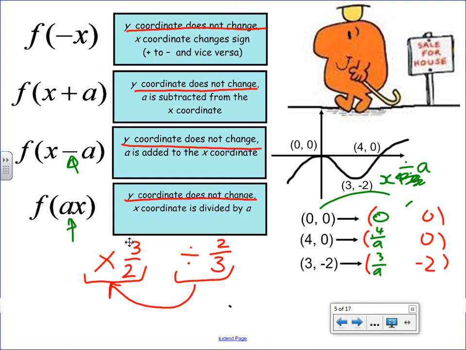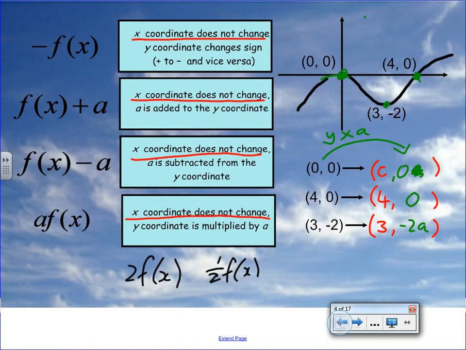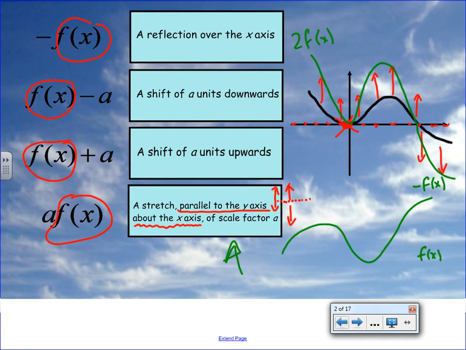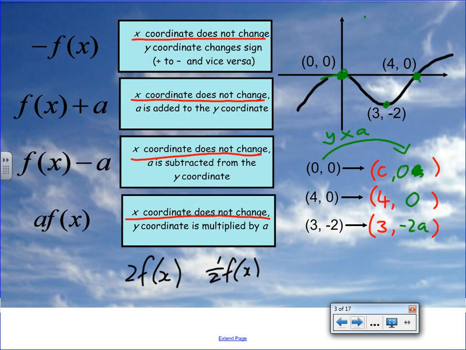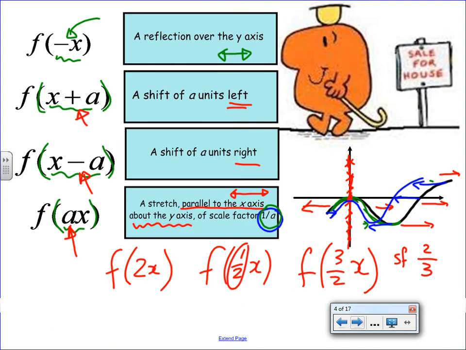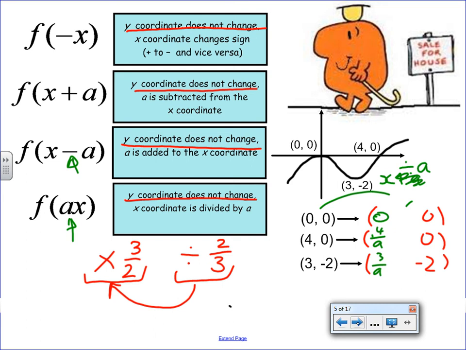So we've got inside and outside. If we go back, we've got the outside ones which do exactly what you'd think they do, learn that final sentence. And then we've got what happens to each coordinate when you do an outside transformation. We've got inside transformations, the fact that it's topsy-turvy does the opposite of what you think, and then we've got what happens to each individual coordinate in that type of transformation.